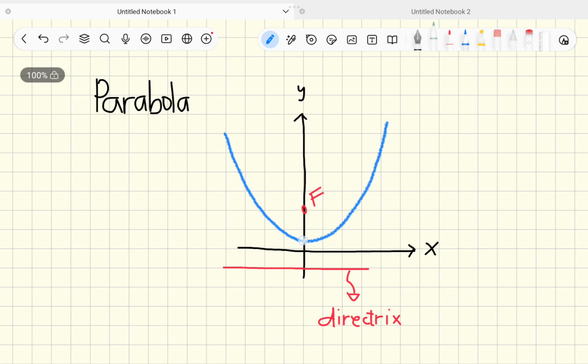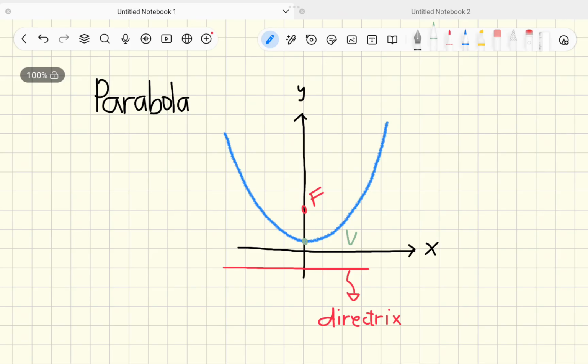This turning point, or this point exactly at the middle where the curve changes direction, is what you call your vertex, denoted by V. So focus, vertex, directrix.